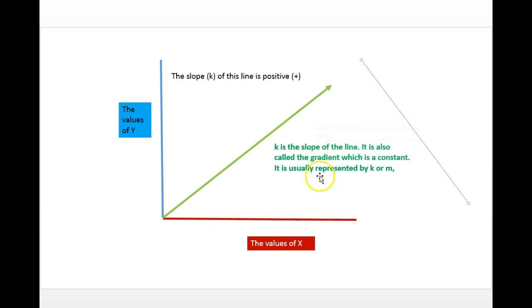Don't forget that the constant k can also be written as an m. Most times in math equations, you will see it written as an m, and it's also called a gradient. Slope is also referred to as a gradient.